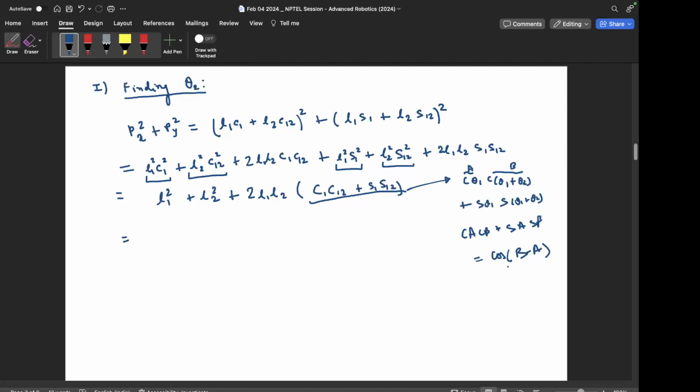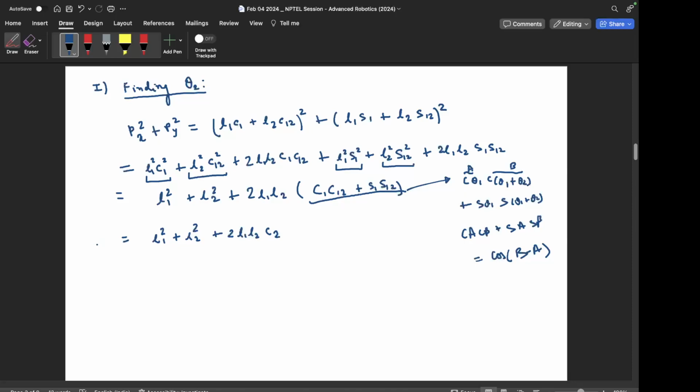Or A minus B, since cos theta is equal to cos minus theta, we can choose either. So in our case, B is theta 1 plus theta 2, A is theta 1, so B minus A is theta 2. So the further simplified expression is L1 square plus L2 square plus 2 L1 L2 cos theta 2.